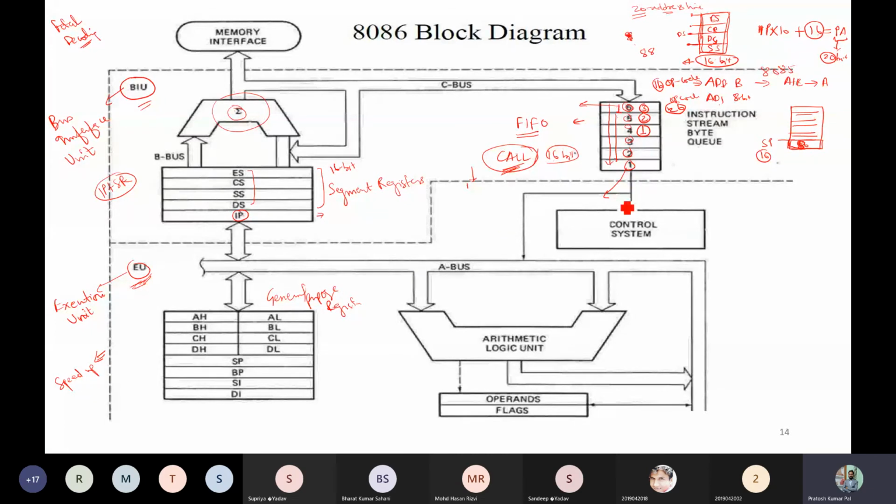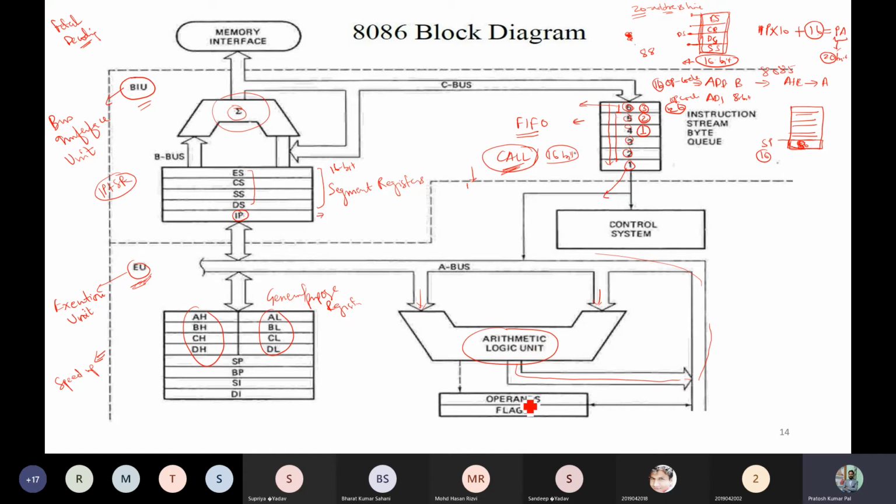With the meaning of the opcode and the available general purpose registers, it will perform logical and arithmetic operations on the opcode and operands, and its output will be put onto the bus, and this bus will provide the output to the general purpose registers. Any of the general purpose registers can be used for storing the output. Okay, so this is how the execution of instructions takes place in the 8086.